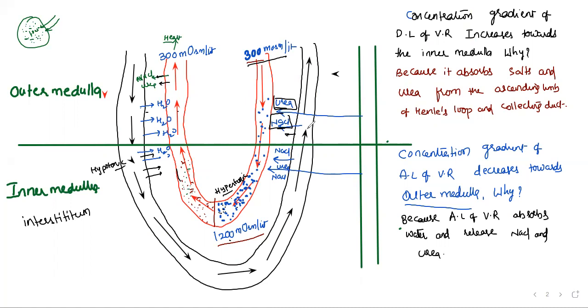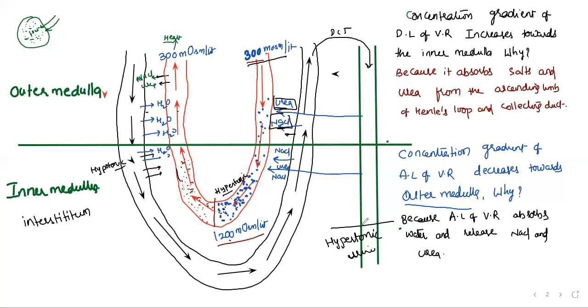The presence of such an interstitial gradient helps in an easy passage of water from the collecting tubule, thereby concentrating the filtrate in the collecting tubule. Because of this, when you move down via the DCT, you will finally find a concentrated urine. More efficient absorption of water makes more concentrated urine.